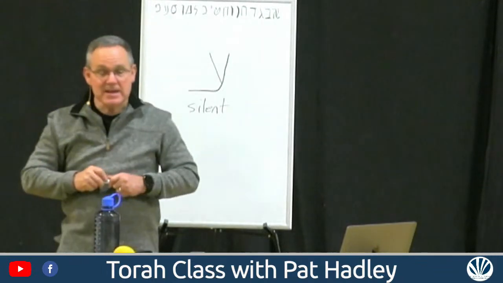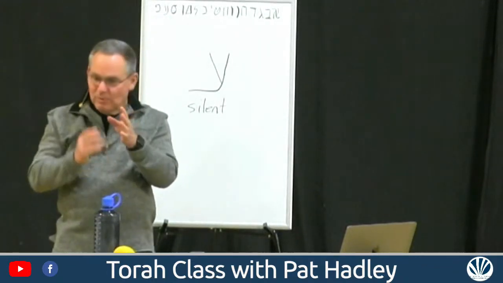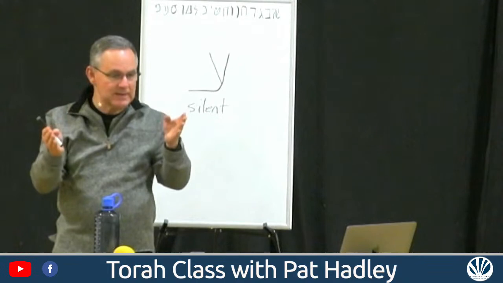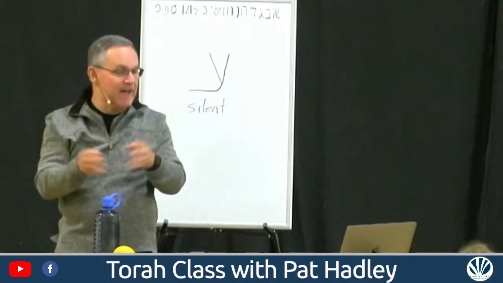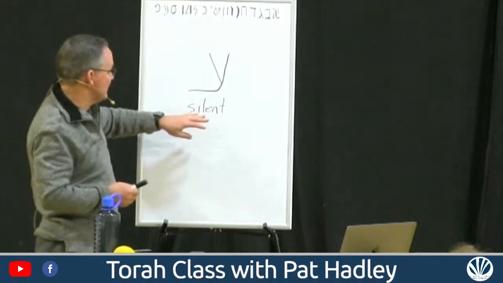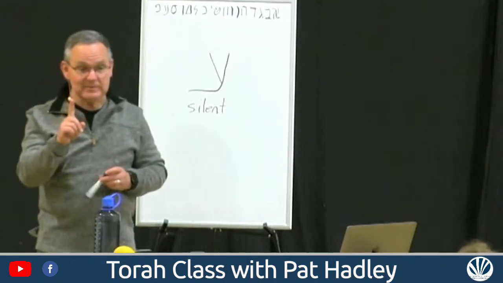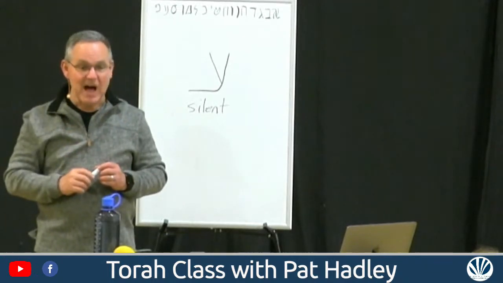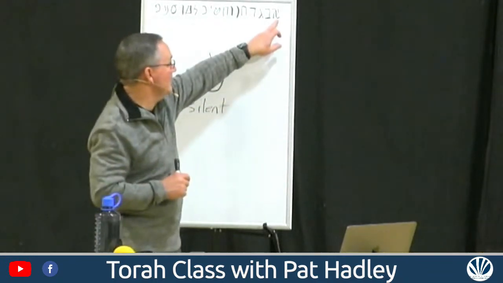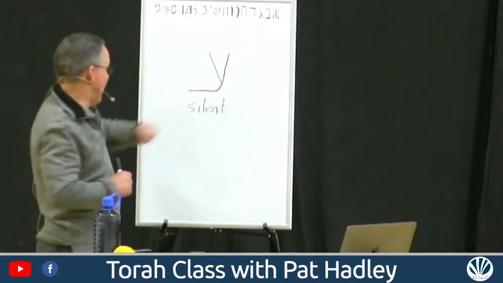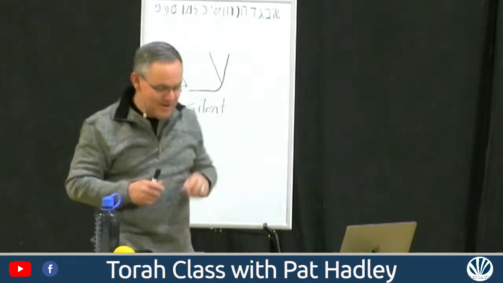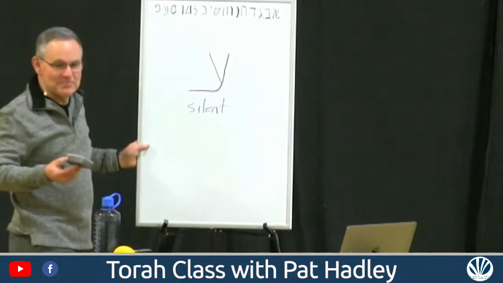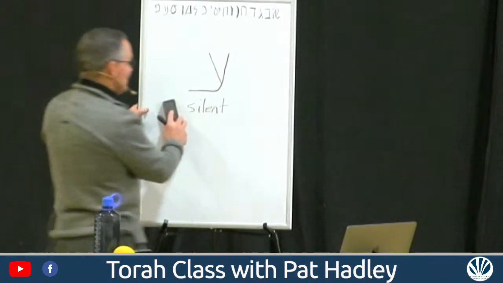And if there is a vowel under it or next to it, then it'll make whatever that vowel makes, but it is a silent letter. There's one other letter that is a silent letter. Do you remember what it is? Aleph. Aleph and Ayin are the silent letters in the Hebrew alphabet. Don't ask me why. I don't know. Why would you have a silent letter?